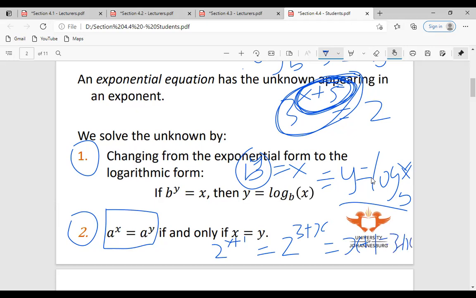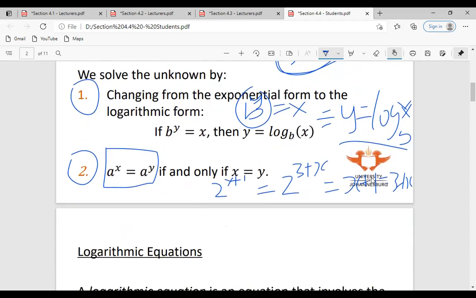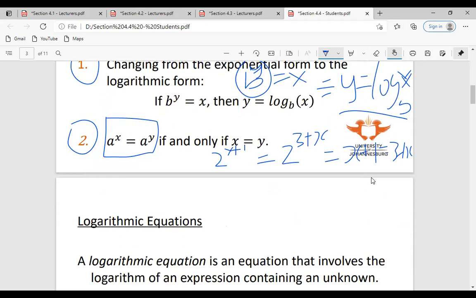This then becomes a linear equation which we have all seen how to solve. The end goal is to remove the expression which contains your variable from the exponent, and then you can solve. You get this better when we start looking at a few examples.